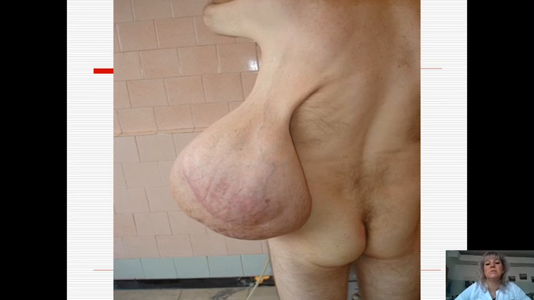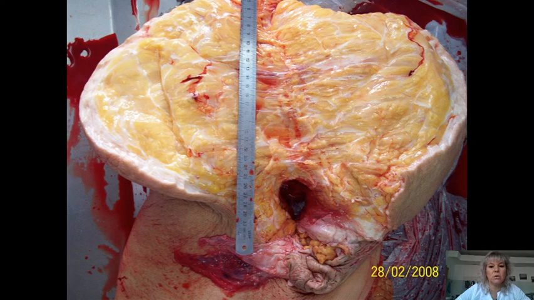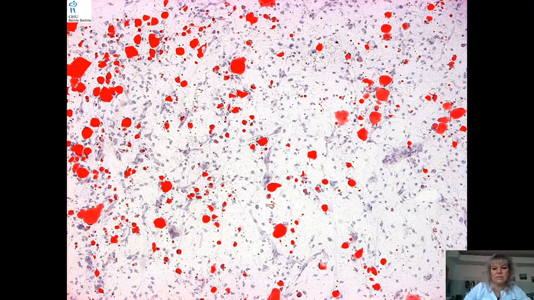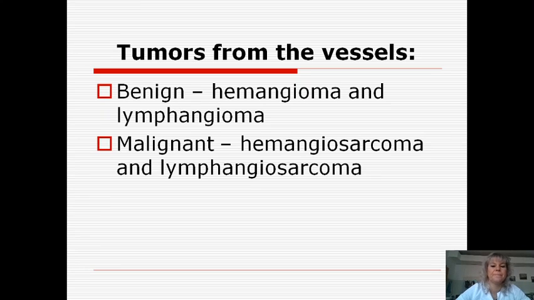Look, in this picture you can see liposarcoma, large node, on incision. We see the fish flesh on incision and yellow color with presence of fats. Histologically abnormal atypical cells with fats, special staining, Sudan III, orange color.